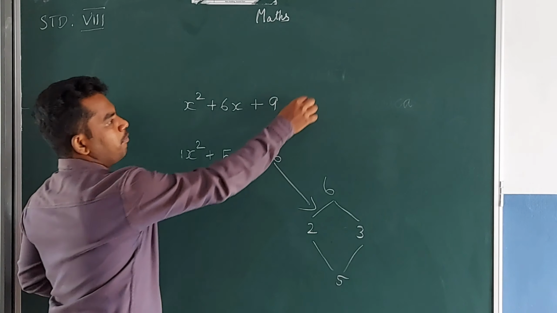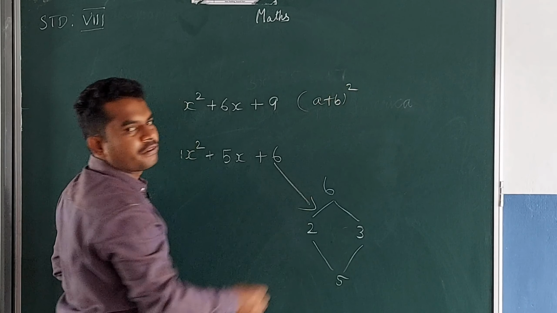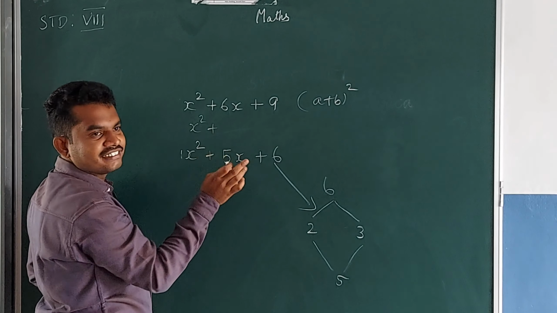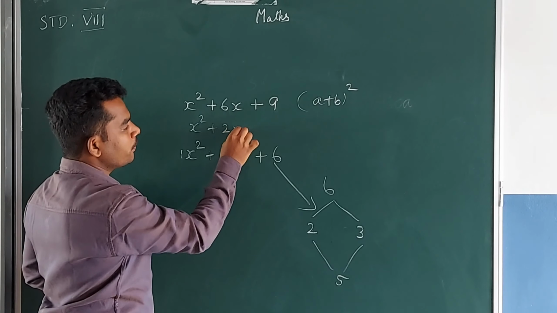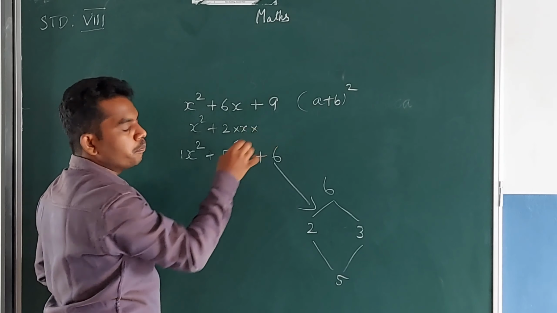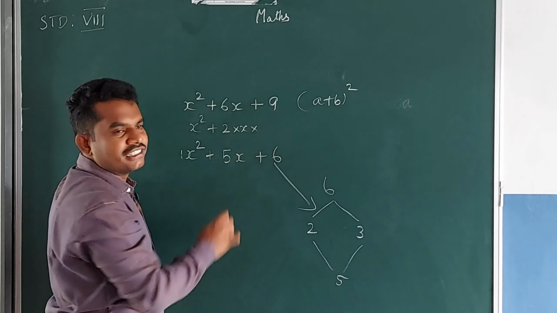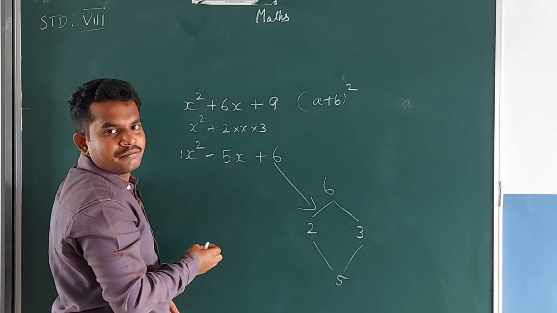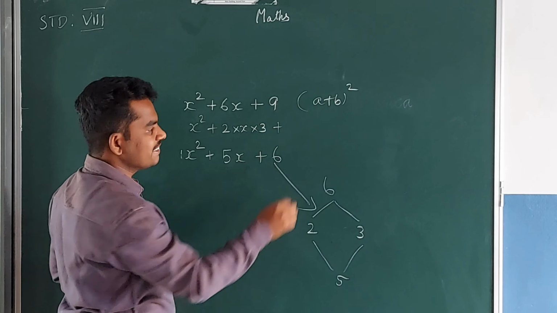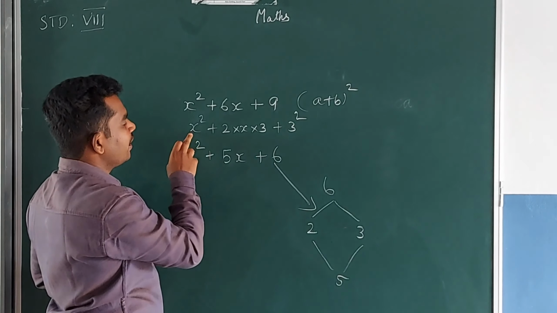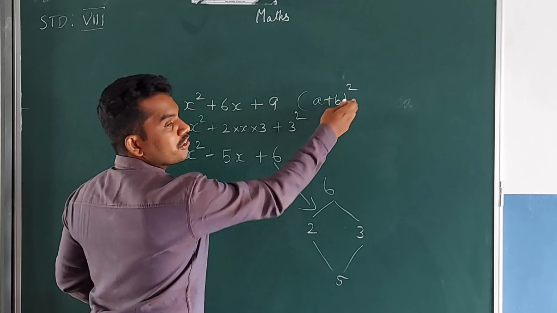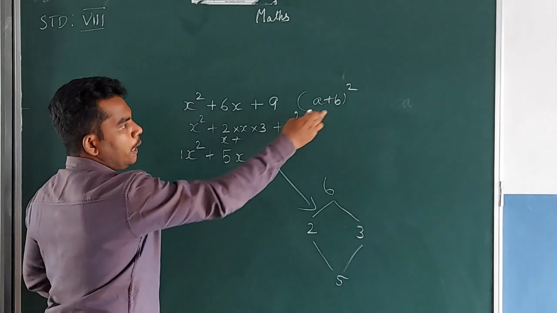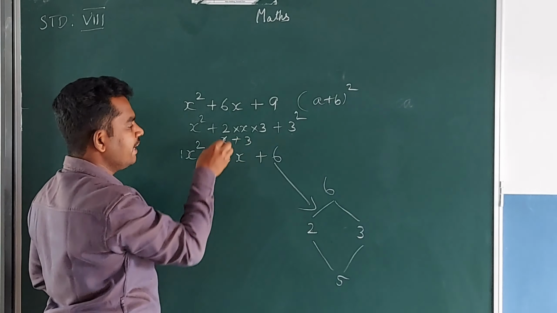What is the identity? A plus b the whole square. So we write it in the form x square plus 6x, where 6x is 2ab. 2 into a, which is x, into b. What is b? The square root of 9 is 3, so b is 3. Here 9 is written as 3 square. The left hand side is a plus b the whole square, where a is x and b is 3: x plus 3 the whole square.